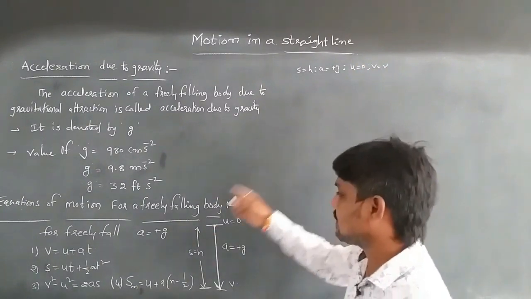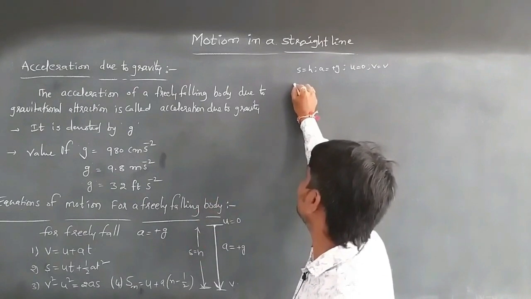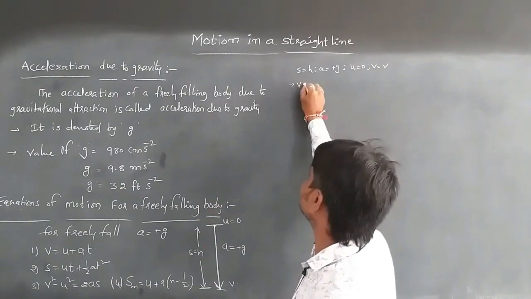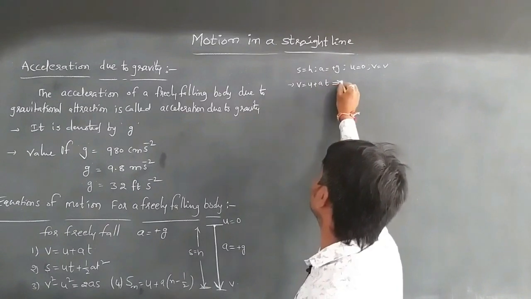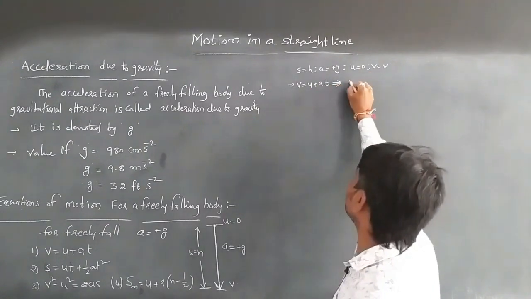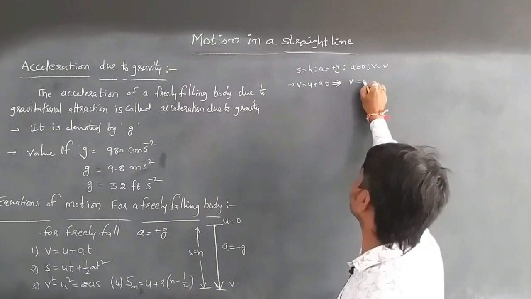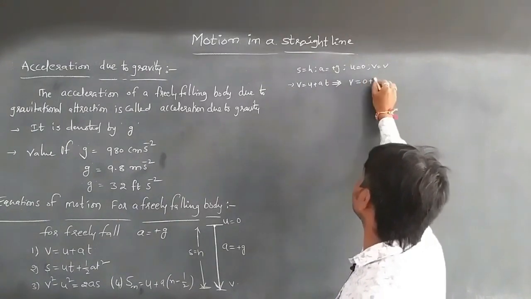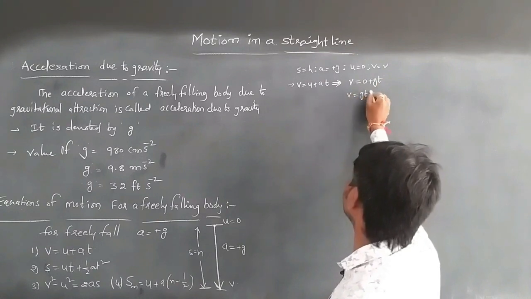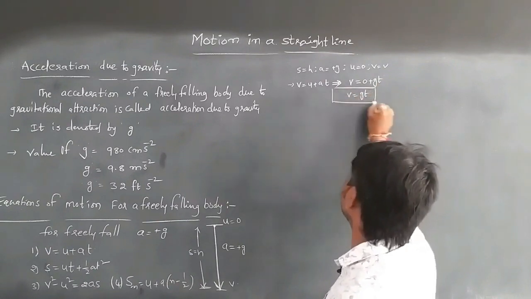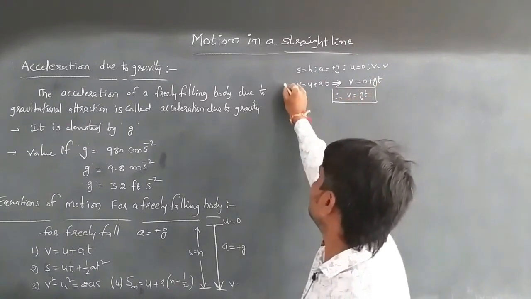The first equation, v is equal to u plus at, changes to v is equal to 0 plus g into t, that is, v is equal to gt. This is the first equation of motion.